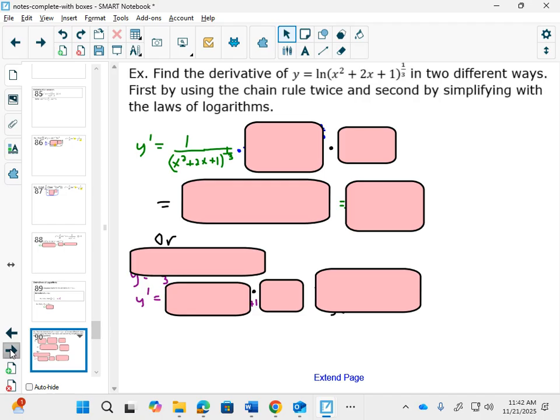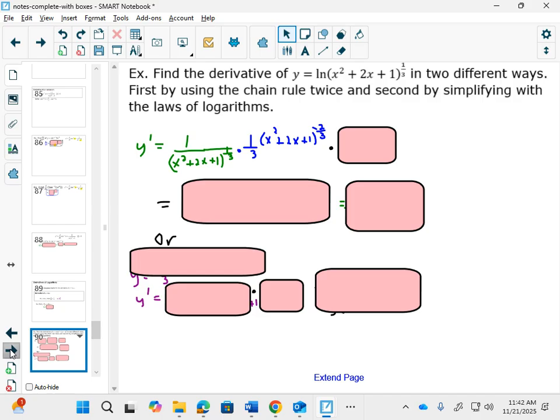What was the inside? That x squared plus 2x plus 1 to the 1/3, which is another chain rule. What's the outside function now? The 1/3, the exponent. So that 1/3 would come out in front, subtract 1 from the exponent, keep the inside the same.